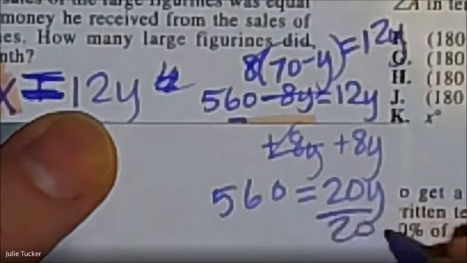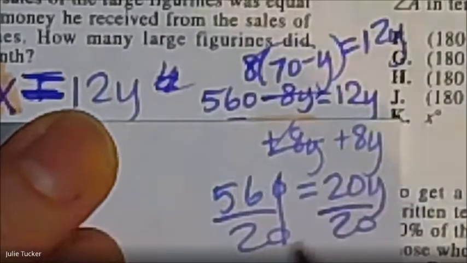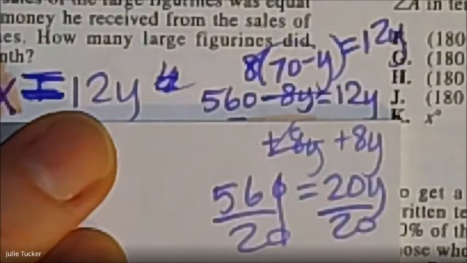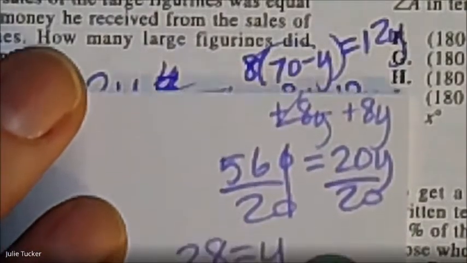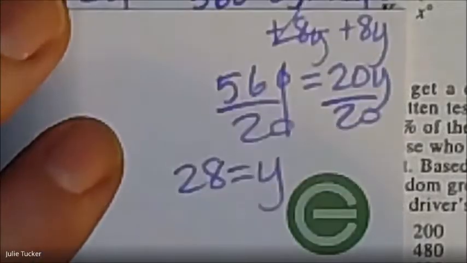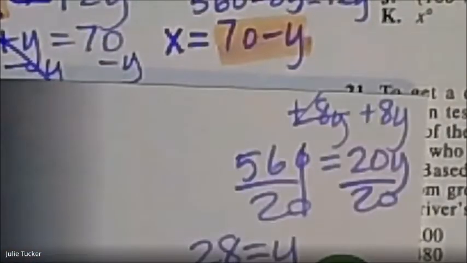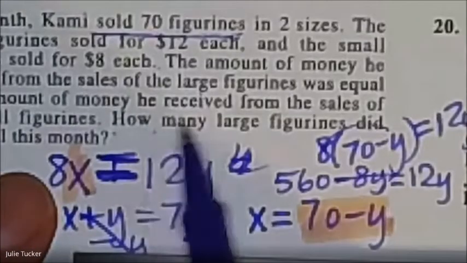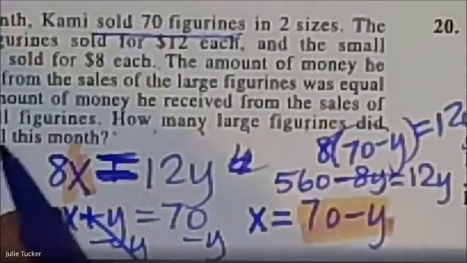Good. And that gives me 28 equals y. And now, sorry, I got to move my paper. Now what can I do? Let's go look and see which one they wanted you to solve for. They said, how many large figurines did they sell?